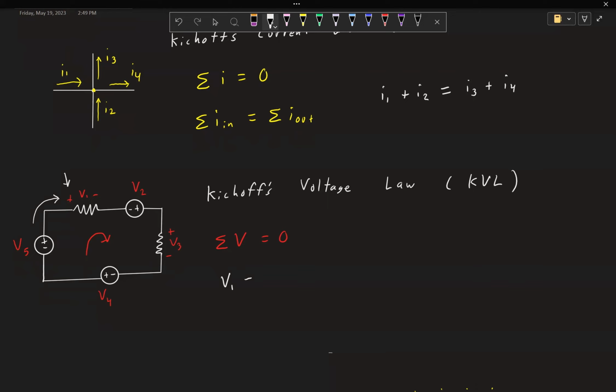And then next, we're going to run into the negative terminal of V2, so it'll be a minus V2. And then we continue following that, plus V3, minus V4, minus V5, and that will equal 0 according to KVL. So that's pretty simple.